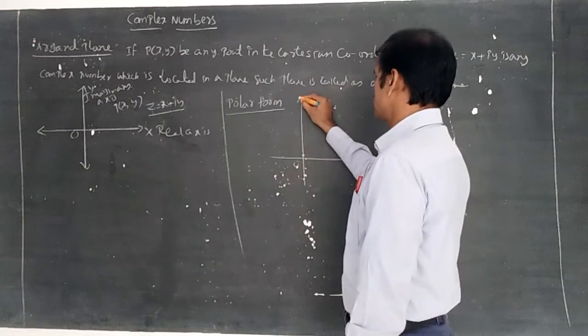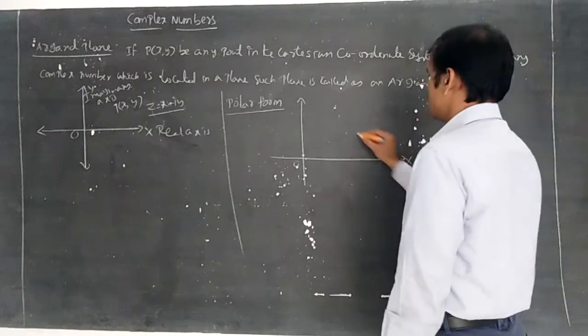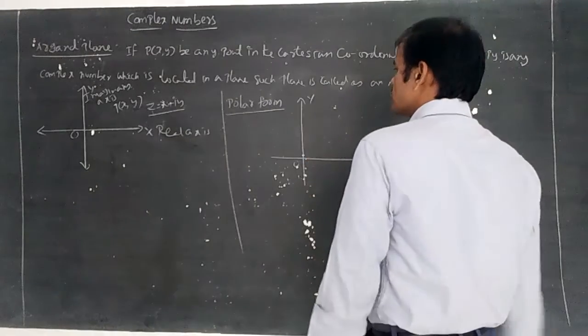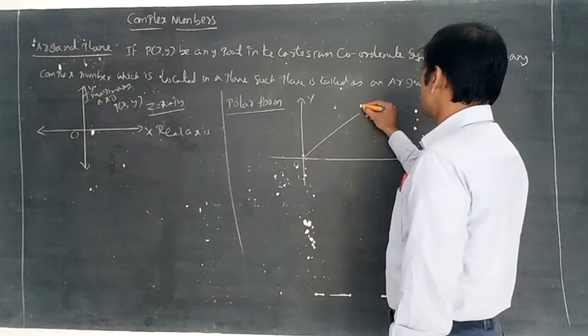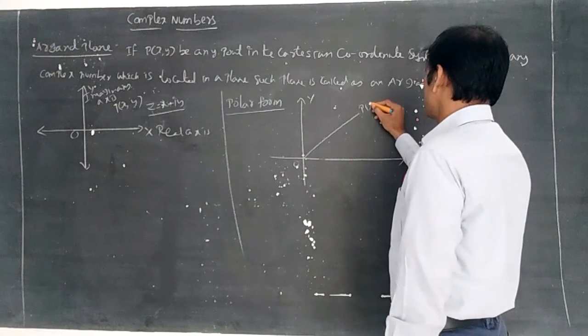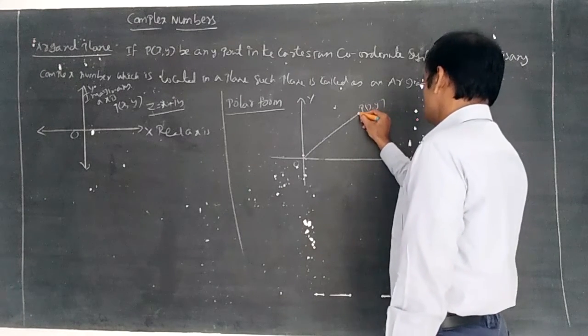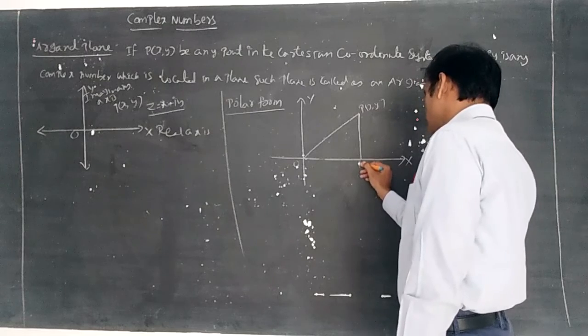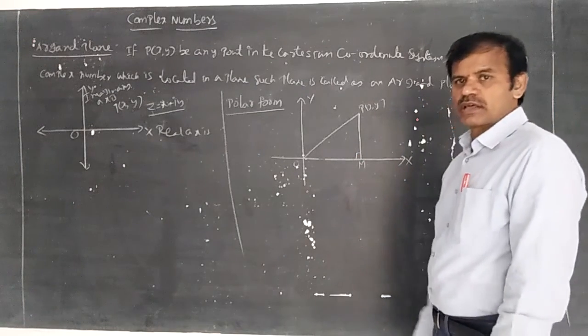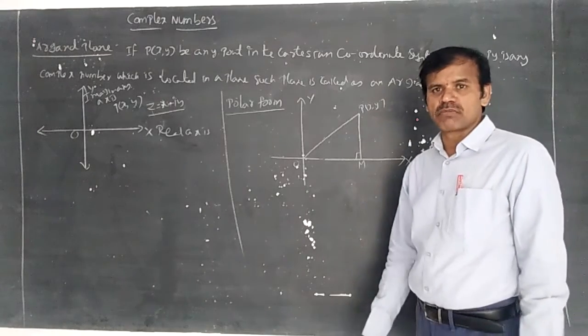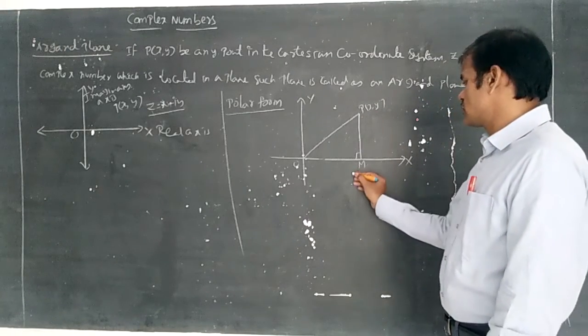Put O here, put x here, y here. Indicate the point P(x, y) here. Draw here M or N, anything. PM is the perpendicular line from P(x, y) to the x-axis.